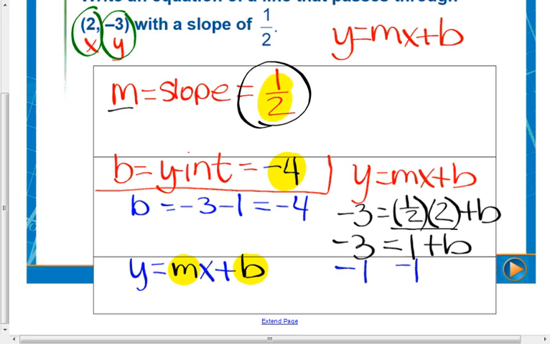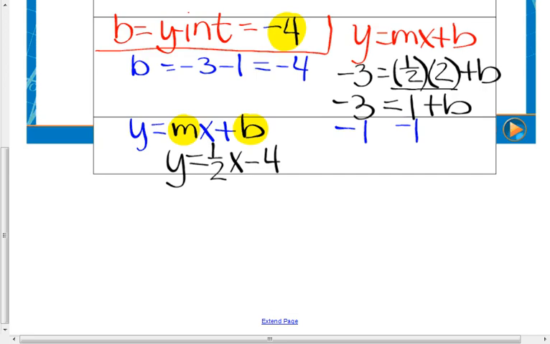So we're just going to plug it in. And I end up with y is equal to 1/2 x minus 4. If you ever have any questions, just be sure to jot them down and ask me when I return. Ladies and gentlemen, this is our final answer. Questions? Okay.